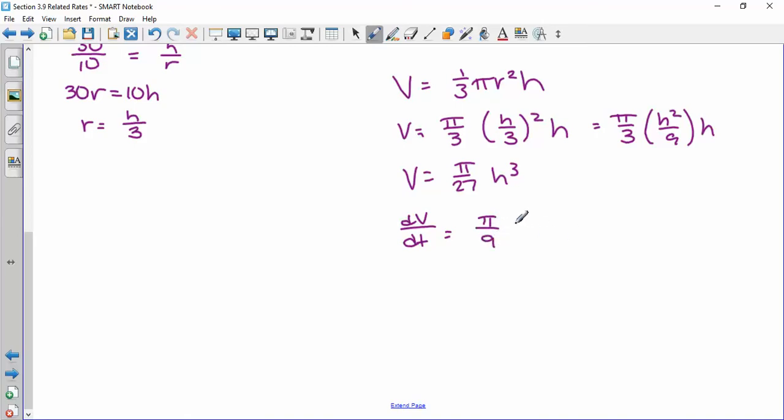Pi over 9, H squared, and then it needs dH/dt. So plug in what we know. dV/dt was C minus 12. Was pi over 9. H was what? 20. And dH/dt?